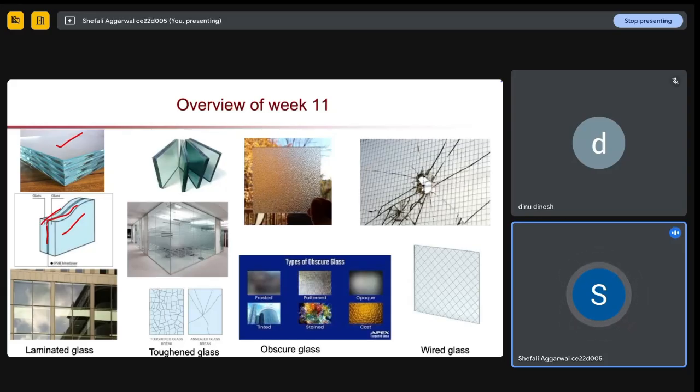If we want it to be soundproof, it is mostly filled with gases, or it can be filled with a sheet. So this is another type of glass, laminated glass.